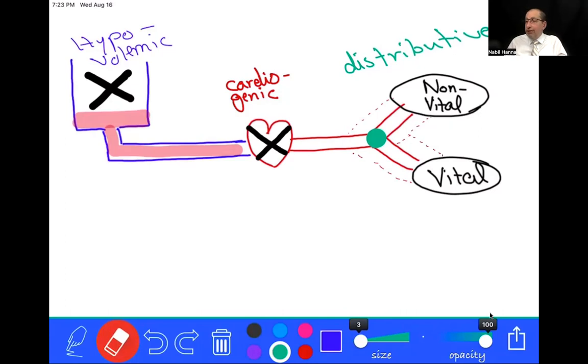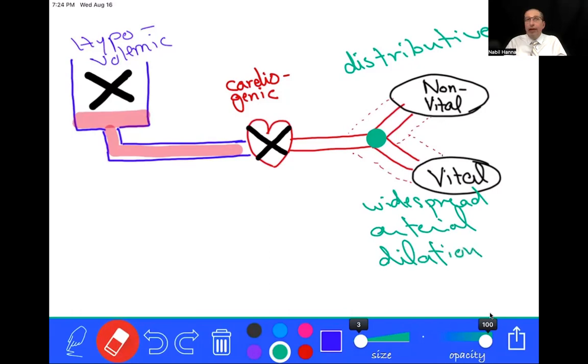Distributive shock results from widespread arterial dilation with redistribution or maldistribution of blood. The majority of blood goes to the non-vital organs, so the vital organs will be inadequately perfused to the extent that they are forced to do anaerobic metabolism, and this is shock.